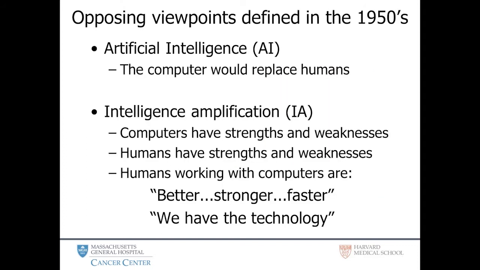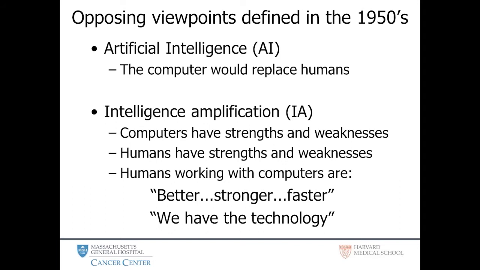Now, this approach was actually defined back in the 1950s. This was in the very early days of computers, at a time when computers filled up entire rooms and had barely the functionality of 1/100th of a cell phone today. But back then, people kind of understood what was coming down the pike, and they found themselves going off into two different camps.